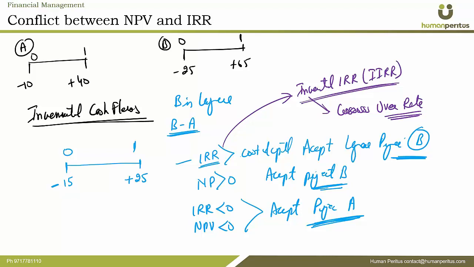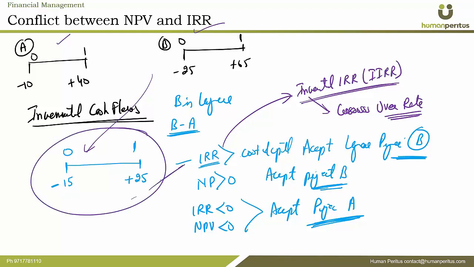So guys, this is how I make my decision whether to choose A or B if there is a conflict between two projects. Again, I'll repeat it once more for everybody. I look at my Project A, I look at my Project B, then I calculate my incremental cash flows. For these incremental cash flows, I calculate my IRR.